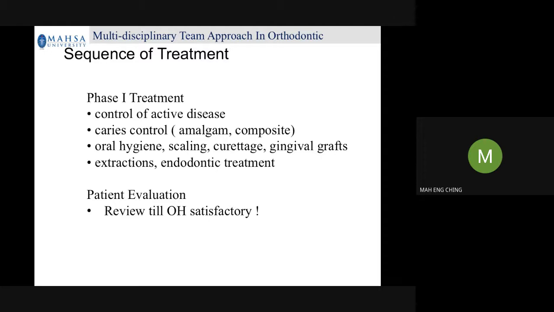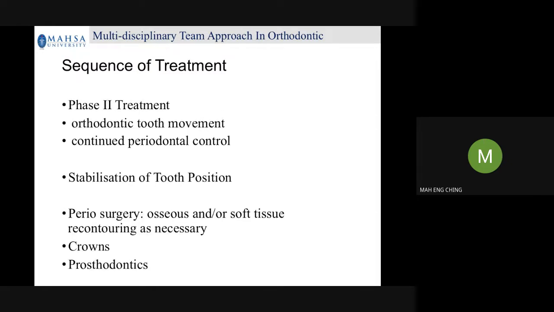So if these patients come to you, the first thing you have to do is control the disease. Then after that, you have to review the patient and make sure they can control the disease by themselves. Then after that, we can consider more complicated treatment, which is braces, bridge, or even implant. When you have controlled the patient's disease, then we can consider orthodontic tooth movement.